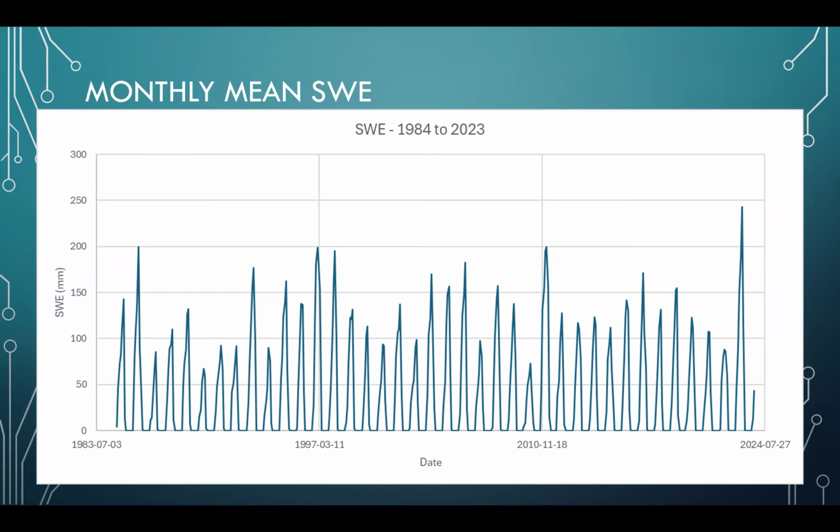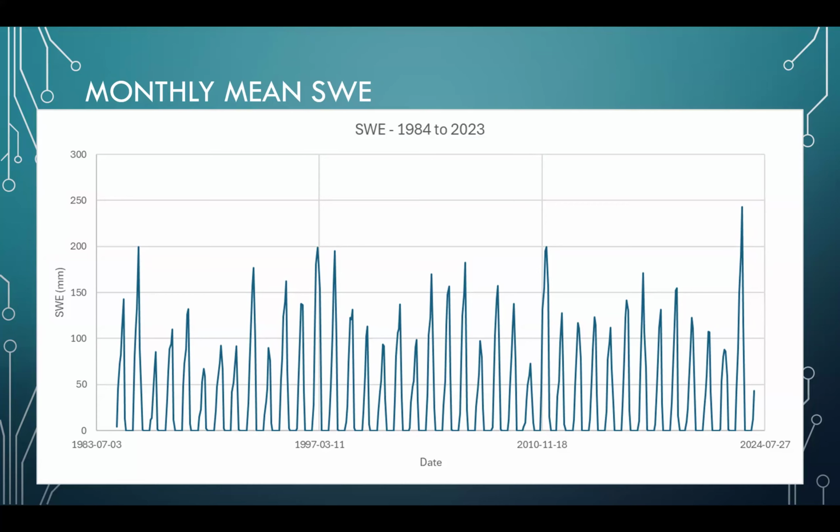Here's 2023. We had quite a lot of snow last year, so that was really good for us. And you can see periodic wetter and drier years of snow water equivalent. I wish it showed the early 1980s because we had lots of snow in those years, but it didn't go that far back.